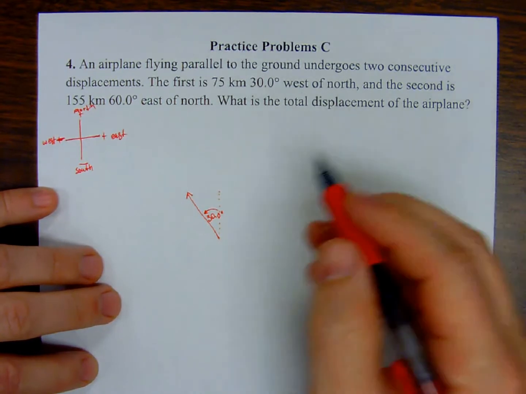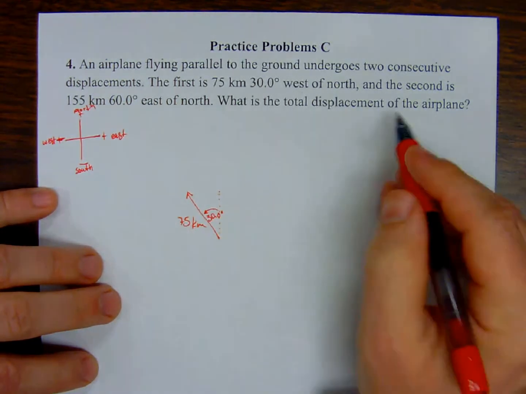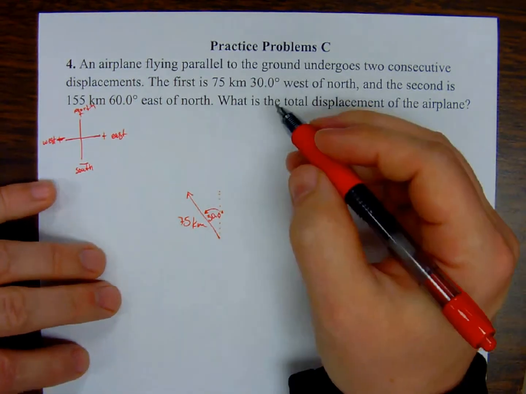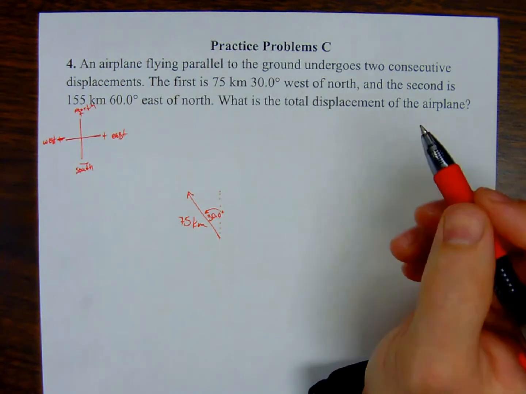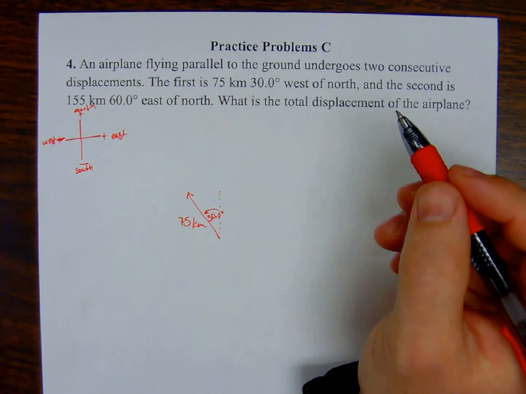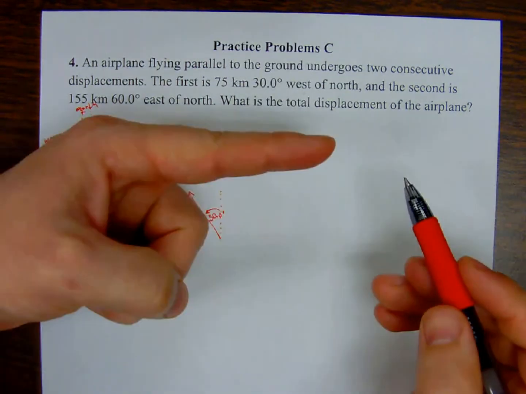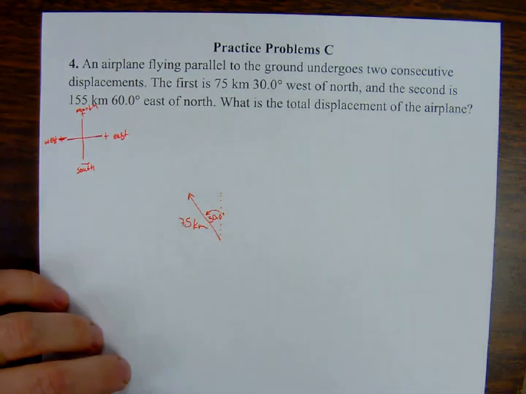And the second is 155 kilometers, 60 degrees east of north. Okay, so this way's east, right? That way's east. From north, again, where's perfectly north? Again, east of north.